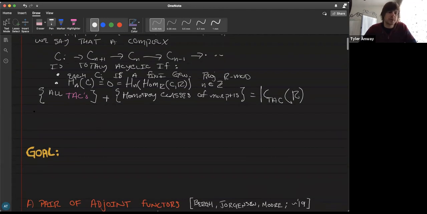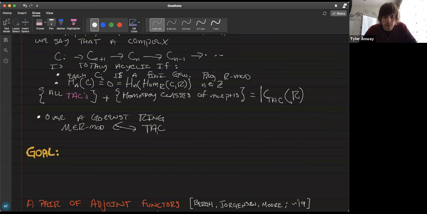But there are also a couple of facts that I want to make apparent. Over a Gorenstein ring, there is a formal process by which we can associate an R module to a totally acyclic complex.